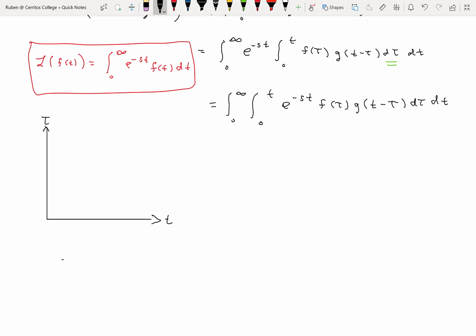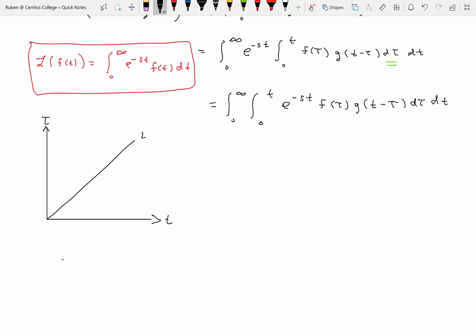Okay. Now the innermost limits in this doubly iterated integral have tau varying from 0 to t. So the curve t equals tau is just like having y equals x if this were in the xy plane.